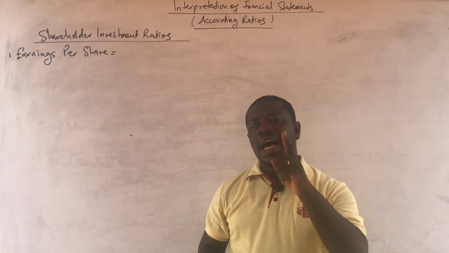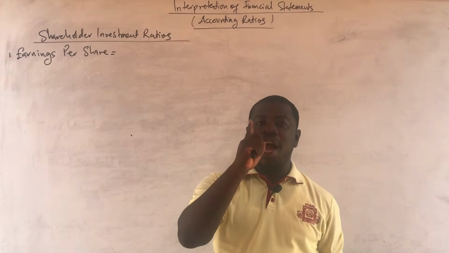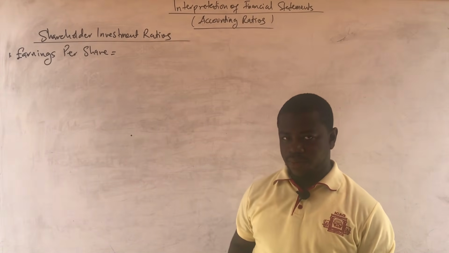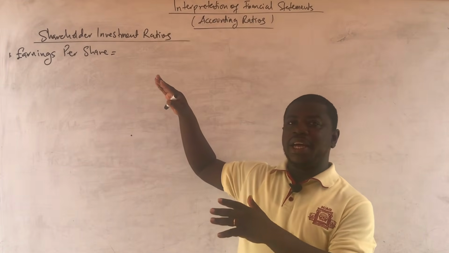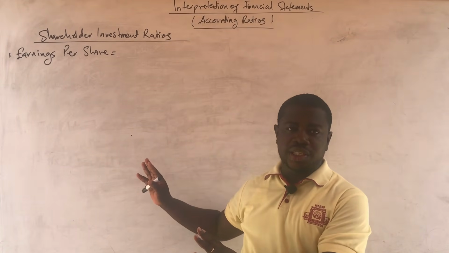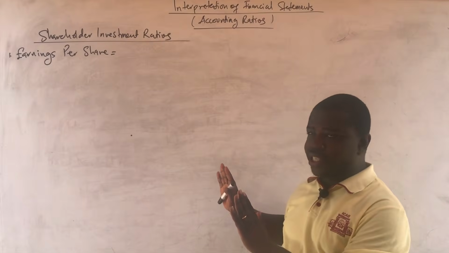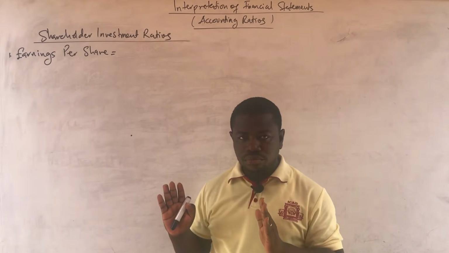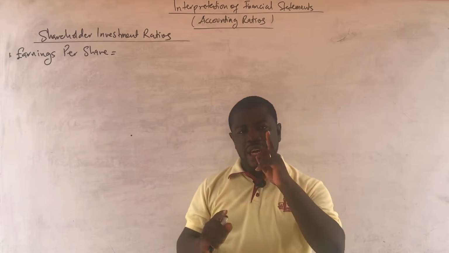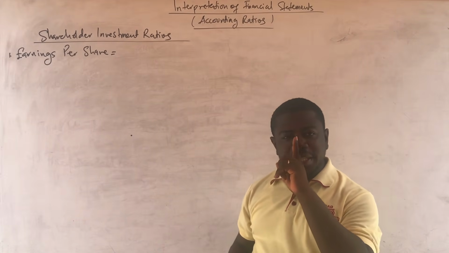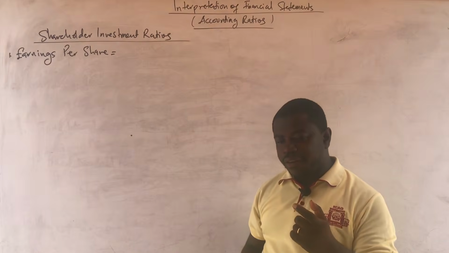The focus is how much are they earning for every single share that they hold as shareholders. And we are talking about the ordinary shareholder. That is why I have already done with the debt holders. We are on ordinary shareholders. Preference shares do not come in here. Okay, so earnings per share, how much do they earn for each share that they have?